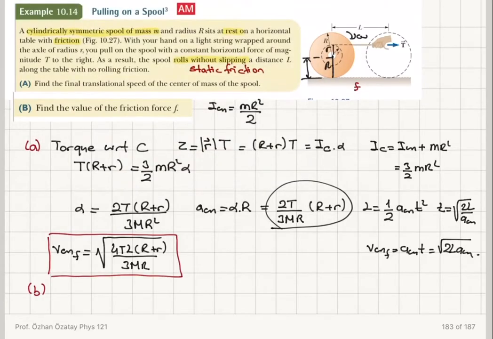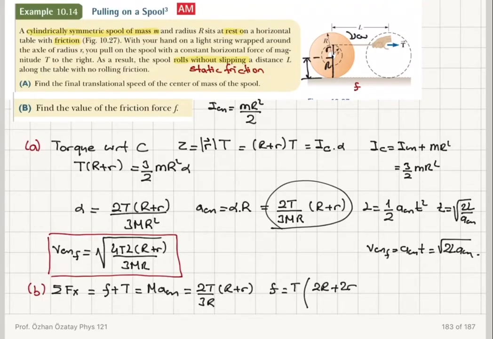So in part B, it asks me what is the value of the force of friction. Well, I can use Newton's second law. Net force in x is force of friction plus T. This must be equal to mass times the center of mass acceleration. So this will be equal to 2T over 3R, times (R plus r).